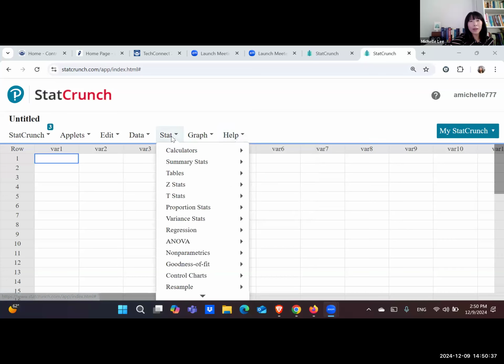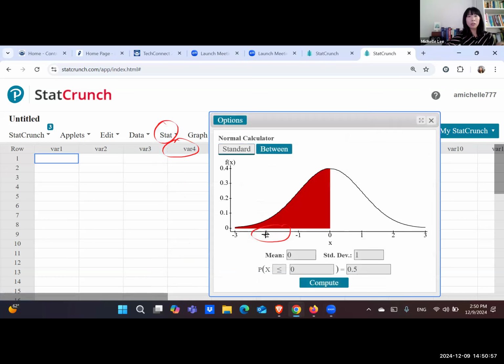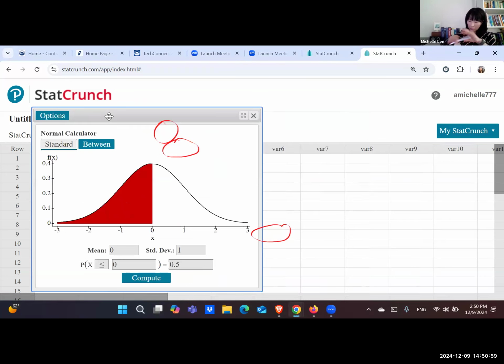Okay, so we're going to use the StatCrunch calculator, normal distribution. Let me click. So the first one, number 3, we want to know about z less than 0.31.